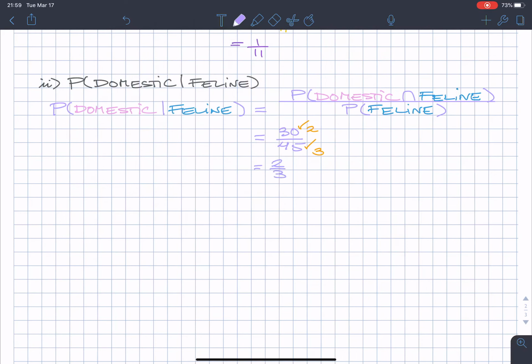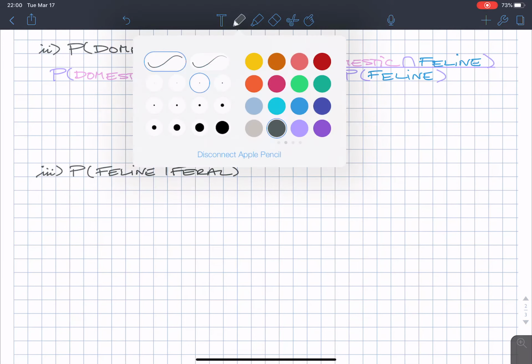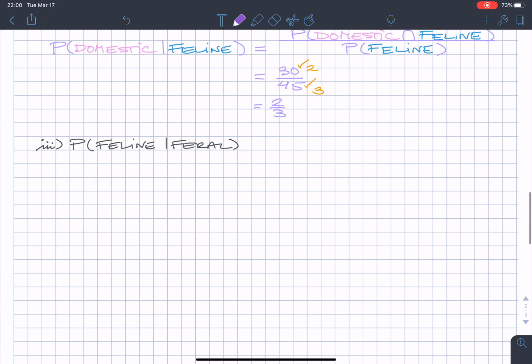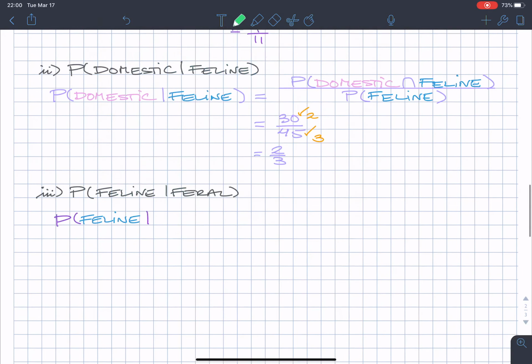Okay, so how about one more for good measure? Number 3, let's do the probability of being feline given that you're feral. Notice that I've swapped the placement of feline here. So I want the probability of being feline, which now is B, given that you're feral. Did I use green for feral?